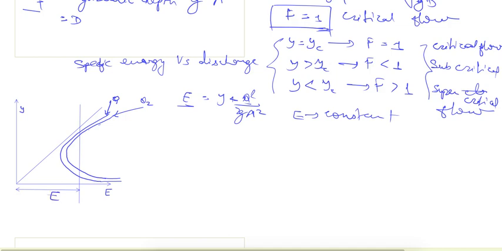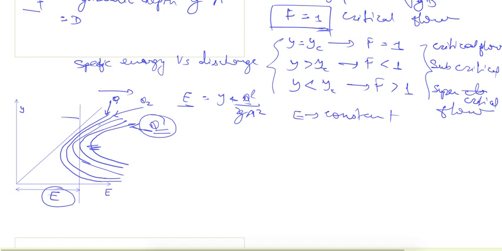This E is constant, and so if I increase the discharge, this curve will shift to the right, and it will keep on going like this, and there will be a curve such that it will just touch the specific energy line. And if I increase the discharge further, there is no intercept between the energy line and this curve. So what does it imply? That with this specific energy, this flow cannot pass, and it is only possible if I increase the specific energy to pass this flow.